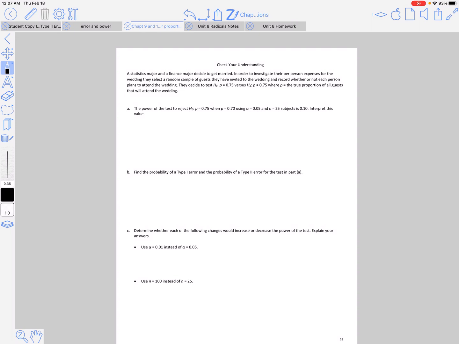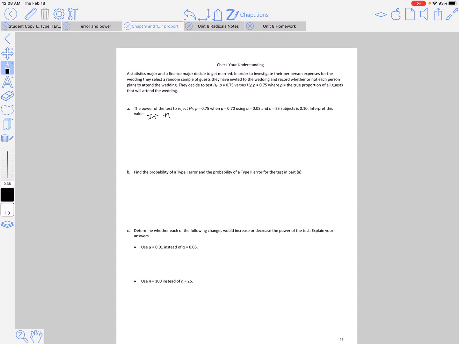Okay, part A says the power of the test. And on the AP test, you'll be given the power. It'll tell you the power of the test to reject the null when p equals 0.7 is 10%. We're going to interpret this value.